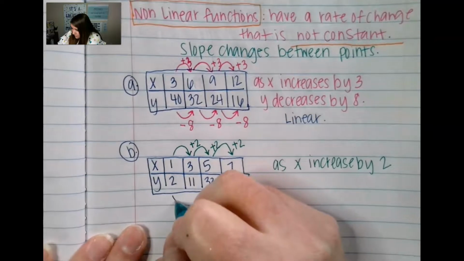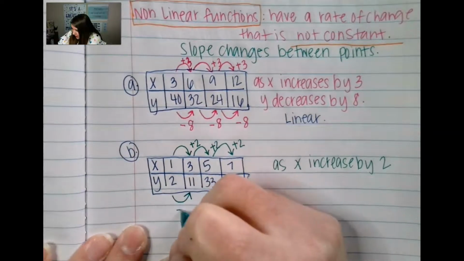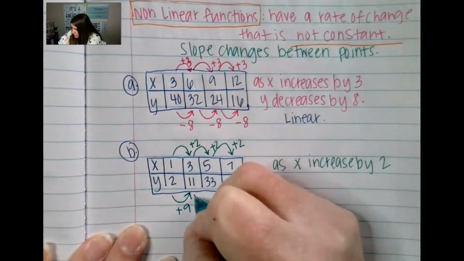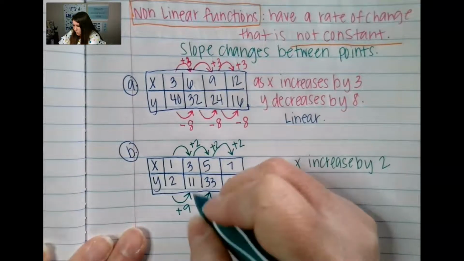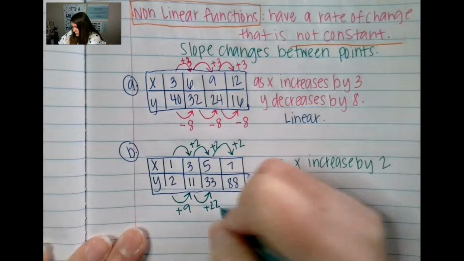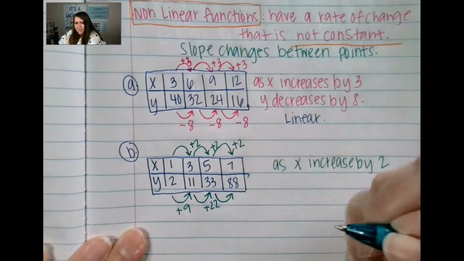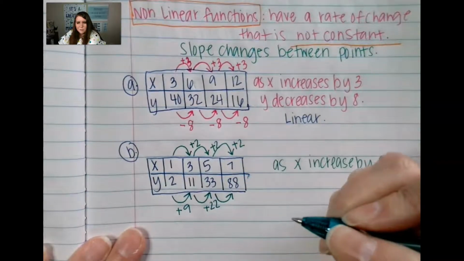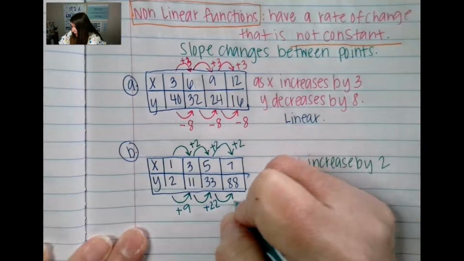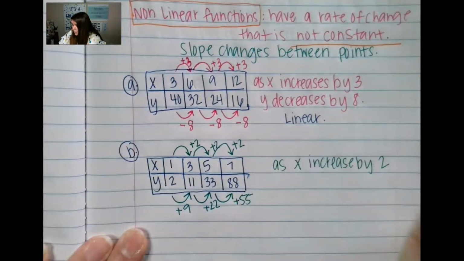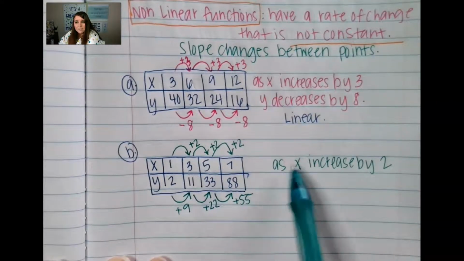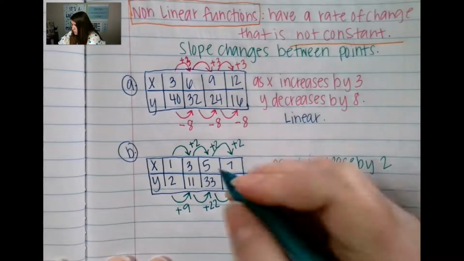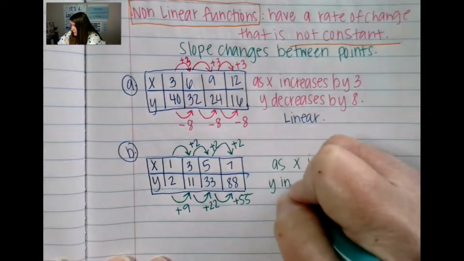To go from 2 to 11, we added 9. But then from 11 to 33, that's 22. And to get from 33 to 88, that's what, 55? So we're adding 55.